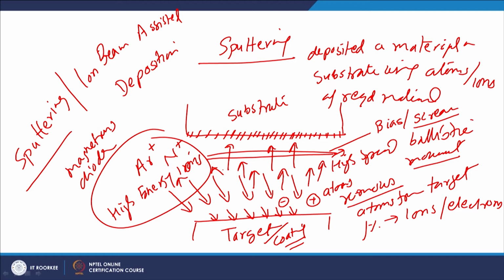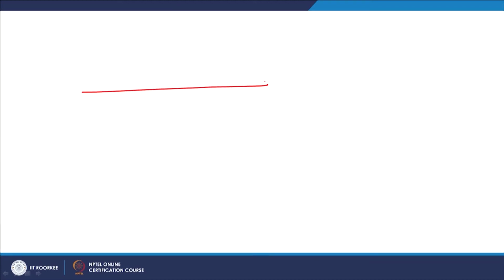Now we will see that the ions of argon or nitrogen are directed with high energy onto the target, which is the coating material to be applied.